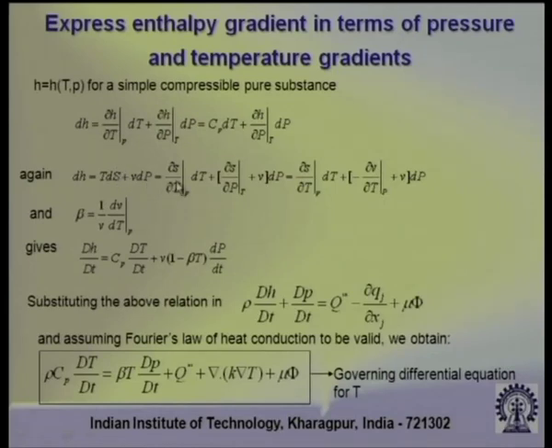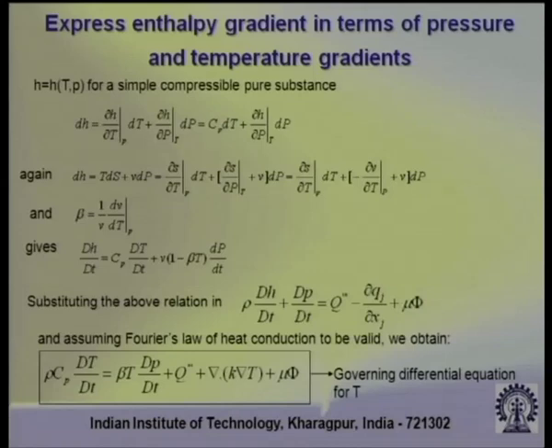So, what we are doing is writing this del S del T at constant pressure into dT plus del S del P at constant pressure into dP, and then we add the VdP term. Now, for further simplification, we write the temperature dependence of the entropy term in terms of other measurable quantities through one of the Maxwell's relationships.